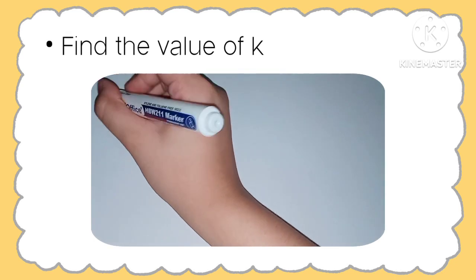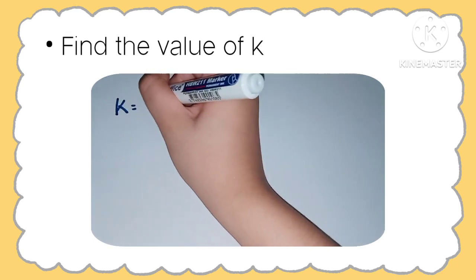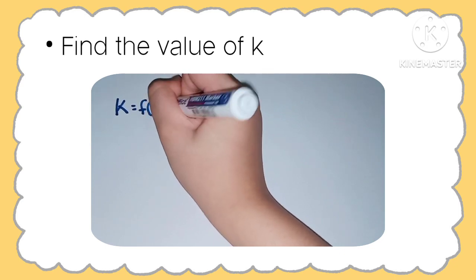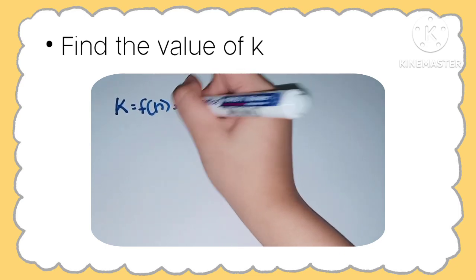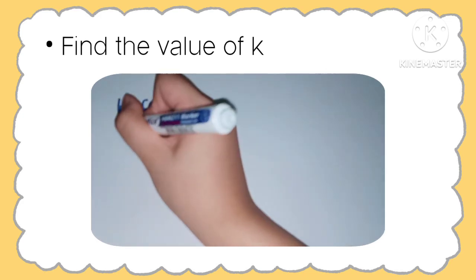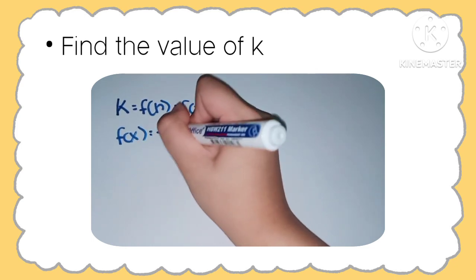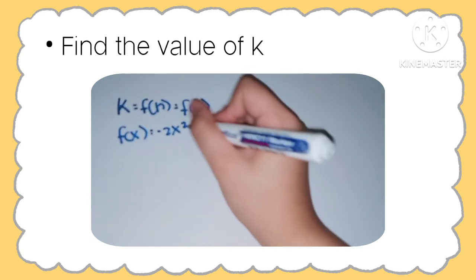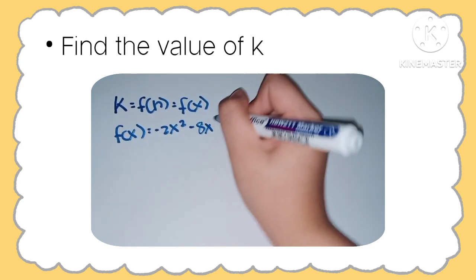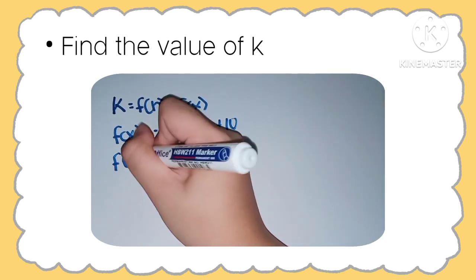For our third step, we have to find the value of k, where k is equal to f of h, and f of h is equal to f of x. Our given equation is f of x is equal to negative 2x squared minus 8x plus 10. We are going to substitute h to all of our x's.